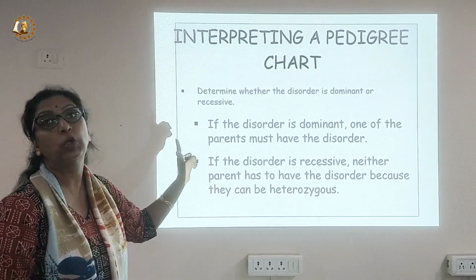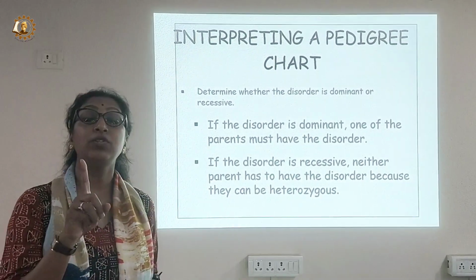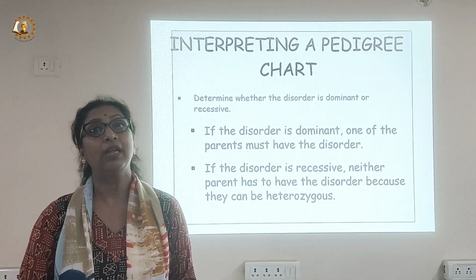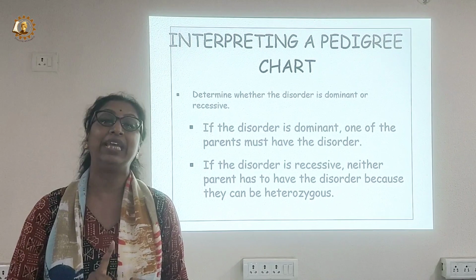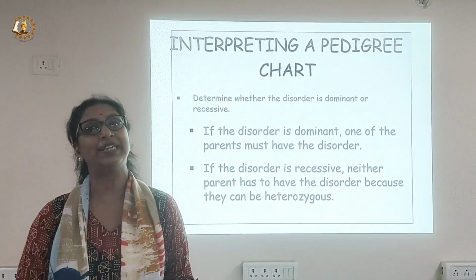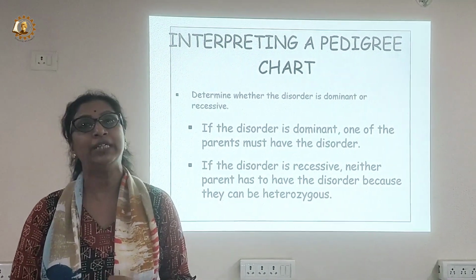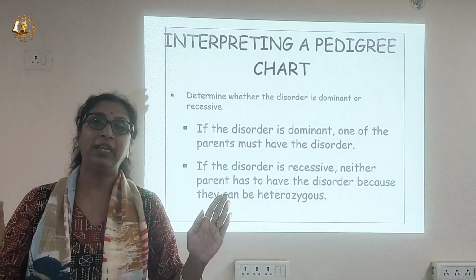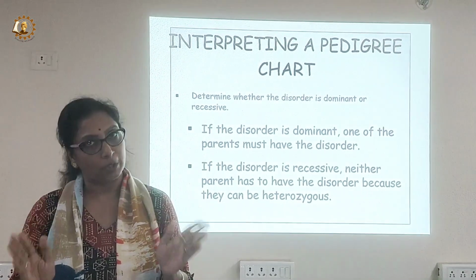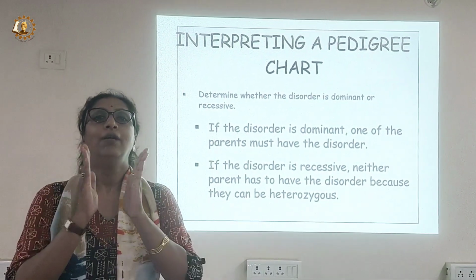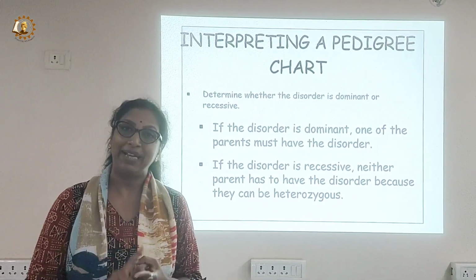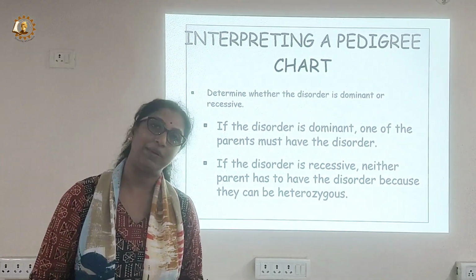This is the dominant disorder. Another most important thing, please remember: in case of a dominant disorder, parents are always heterozygous. Because if they are homozygous dominant, then obviously all the offspring in F1 would be affected, so practically it is not possible. So in all cases related to a dominant pedigree, parents are heterozygous dominant.